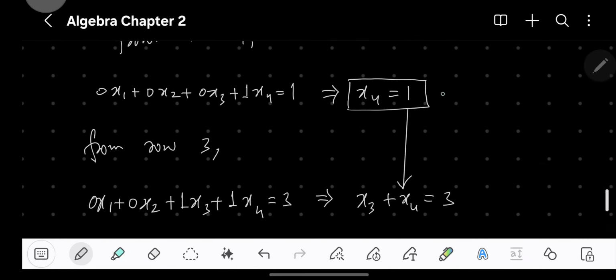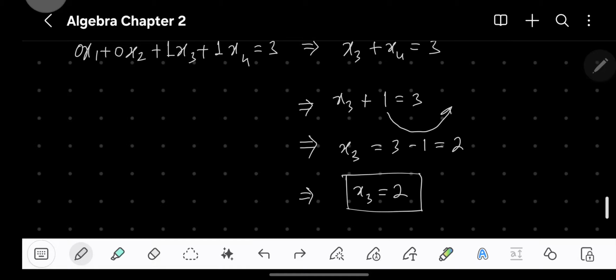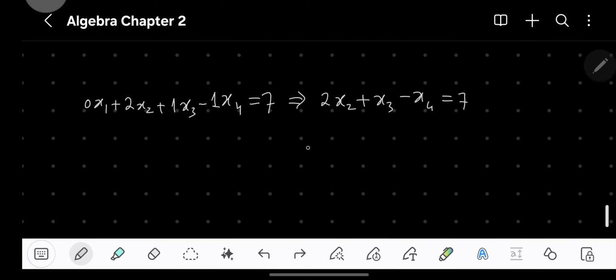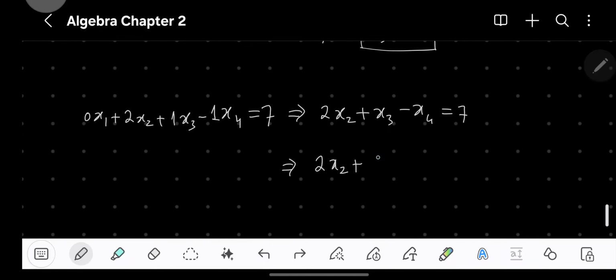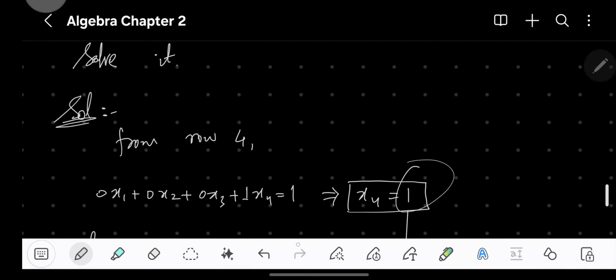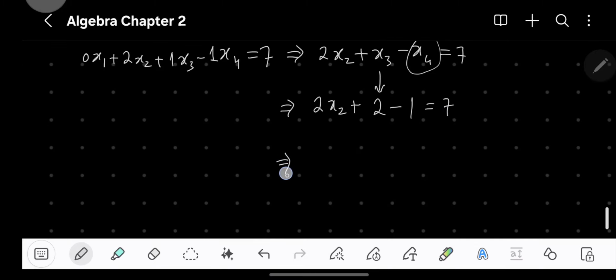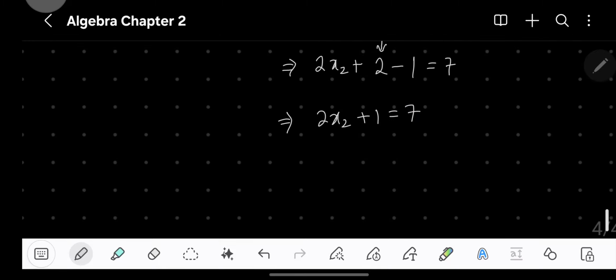Since I know that x4 is 1 and x3 is 2, I will put their values. You can check from here, we have already found them. So I will write 2x2 plus 2 minus 1 is 7, so 2x2 plus 1 is 7.